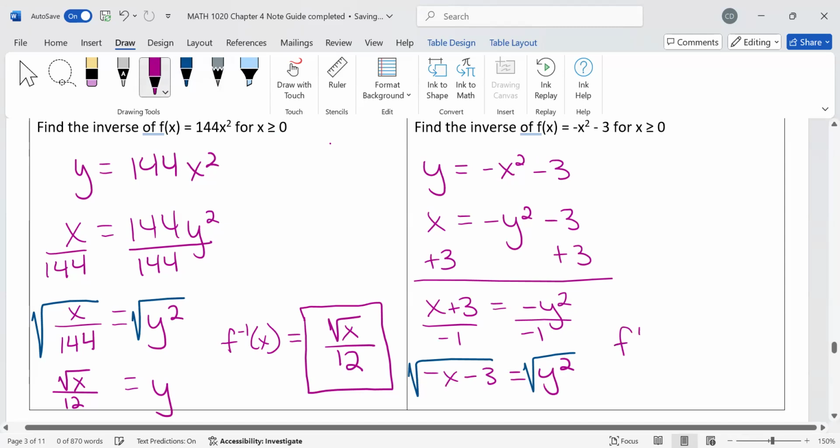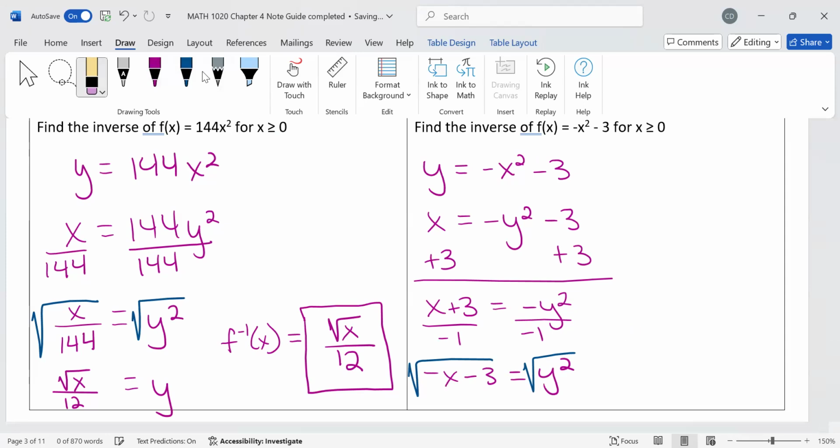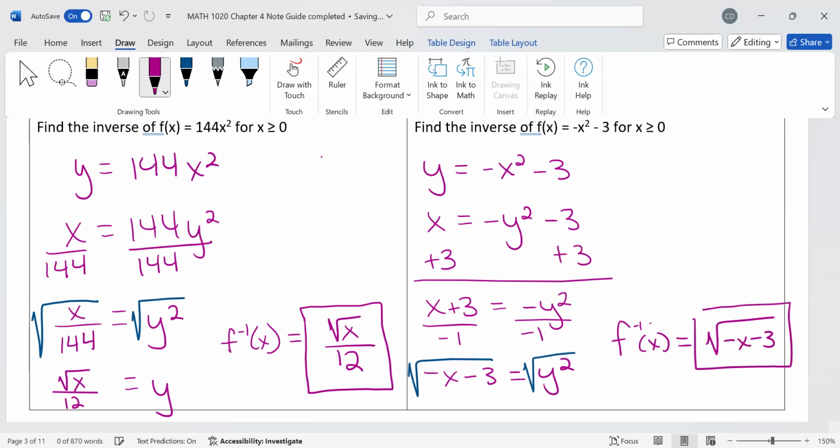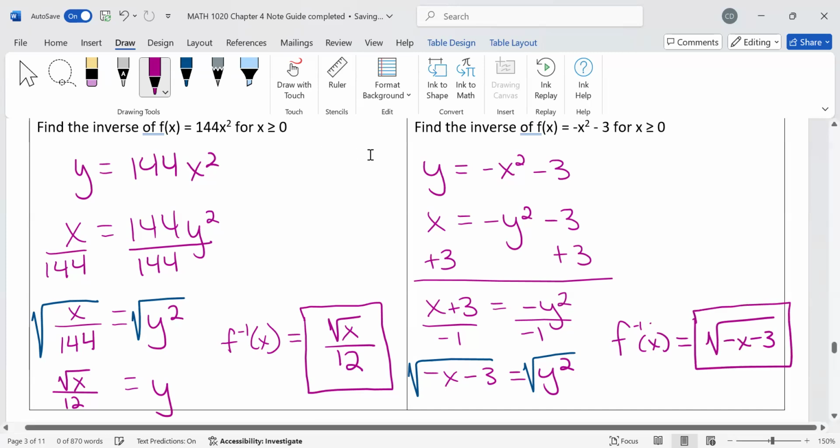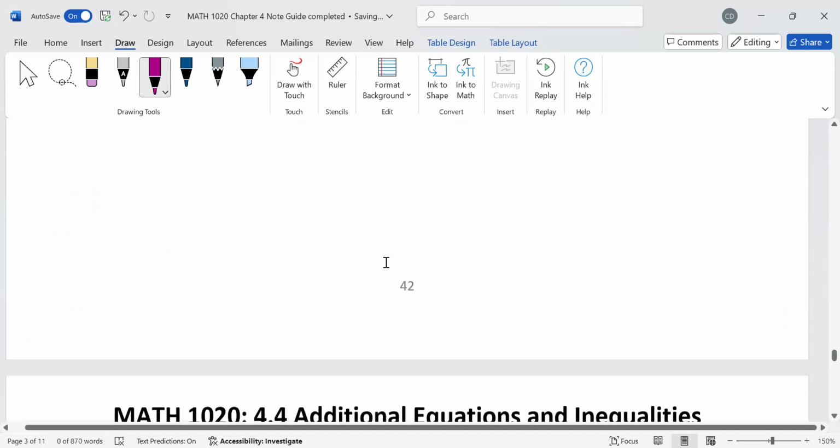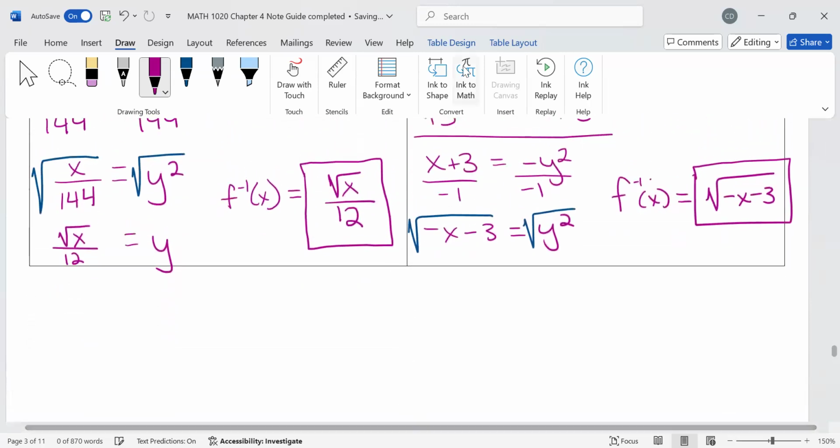So the inverse is the square root of -x minus 3. We are done with section 4.3.